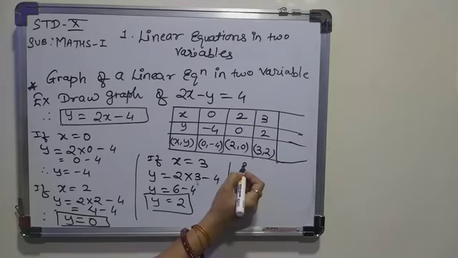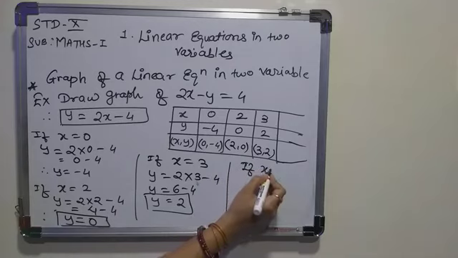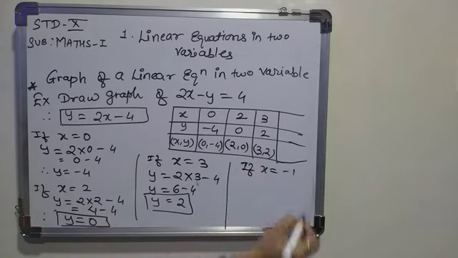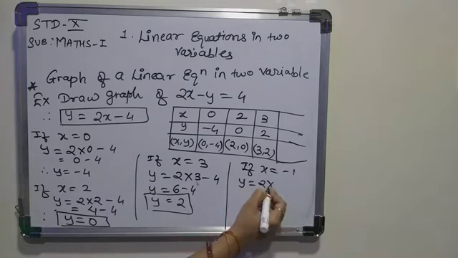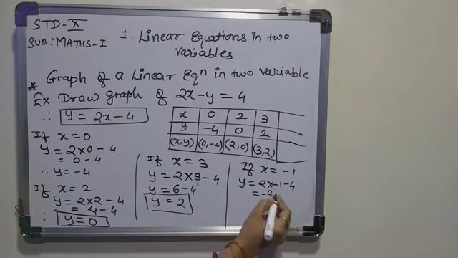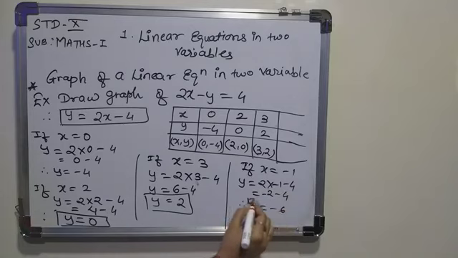Next, if your x value is minus 1, right? So your y will be 2 into minus 1 minus 4. 2 into minus 1 is minus 2, minus 4. So therefore your y value will be minus 6. So your ordered pair will be minus 1 and minus 6.